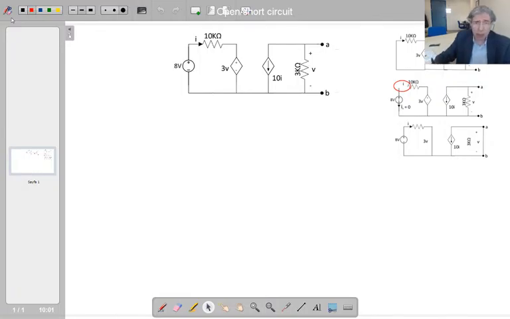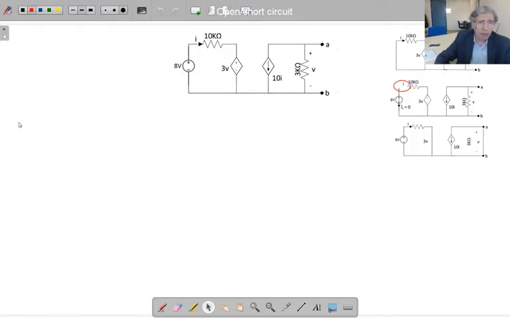So if you look at this example now, we've got one independent voltage source here. Independent voltage source, let me write that in black. This is an independent voltage source. What does this mean?